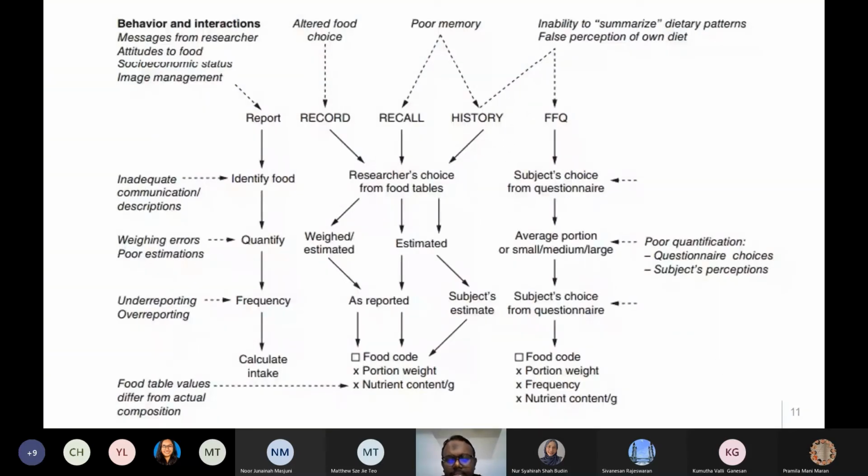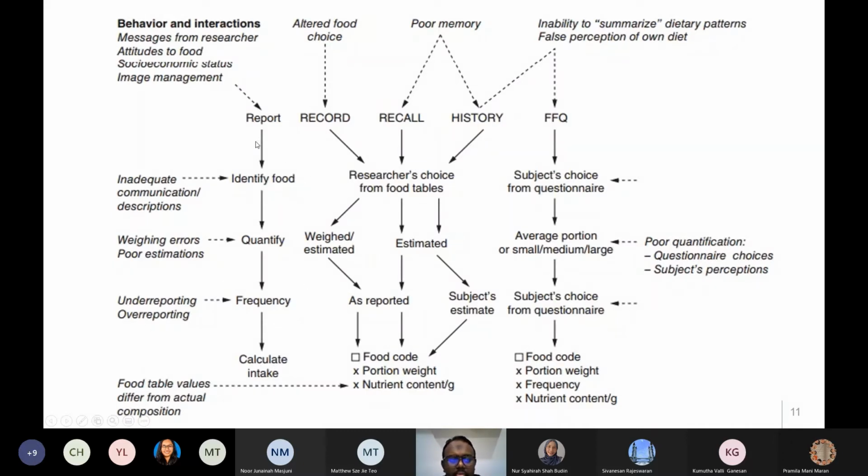So this figure shows the track from the behavior and interaction, from the reporting until the calculating of intake, where the errors happen.